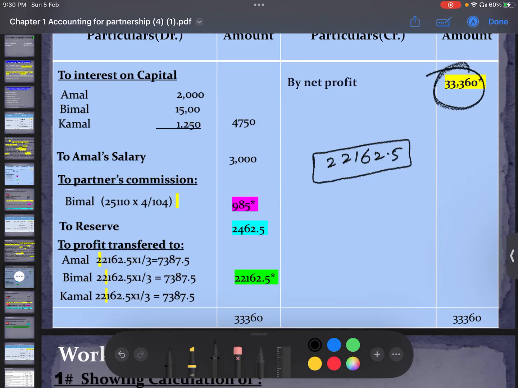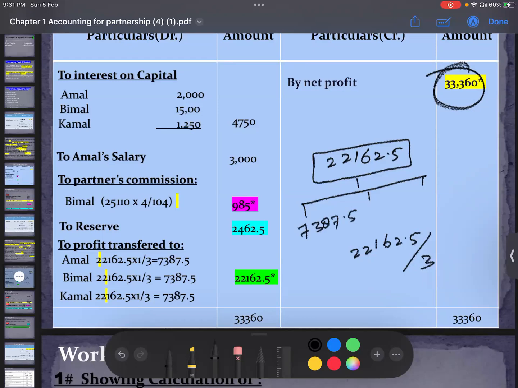Since all the partners are equal partners, this entire profit will be distributed among all the partners in the equal ratio. So just divide this profit, 22,162.5, by 3. You will be getting 7,387.5 for each partner.